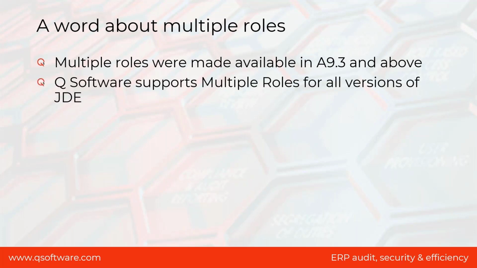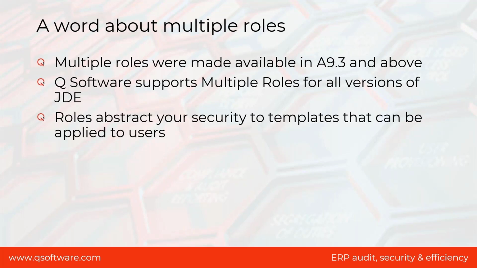And if you're not, and you do, as we would recommend, do a roles-based implementation, Q Software has roles support for all releases of JD Edwards World above A7.3. And critically, really, for roles, they abstract your security to templates that can be applied to users.